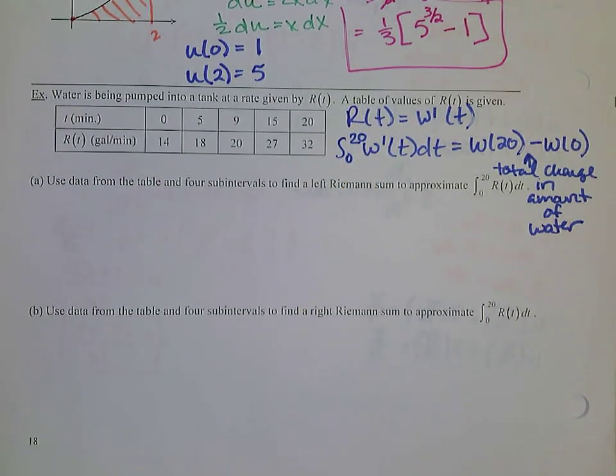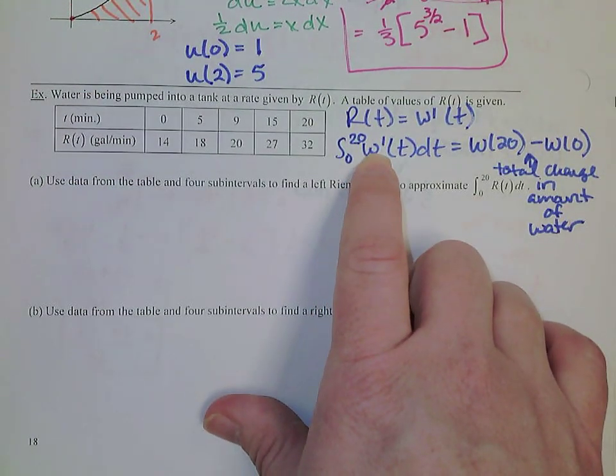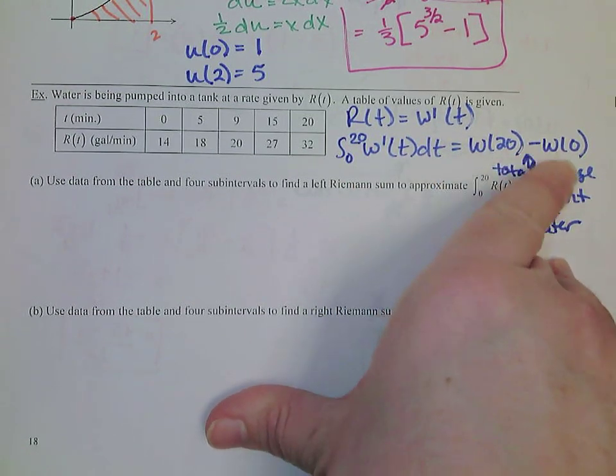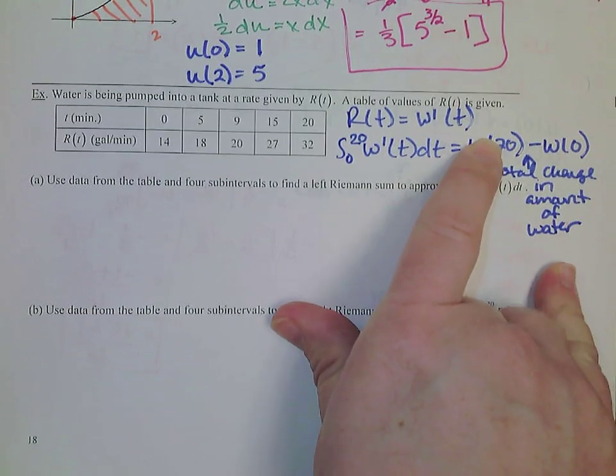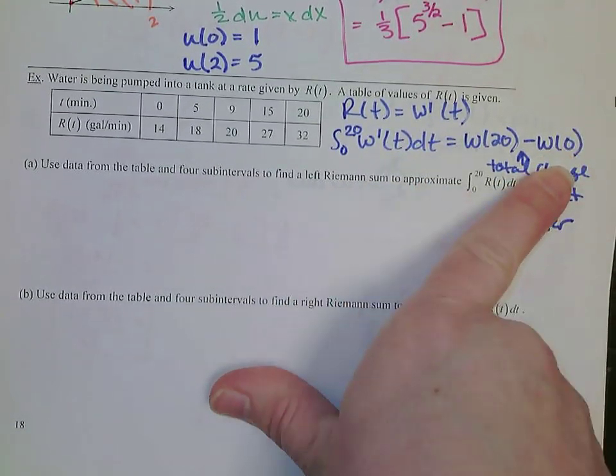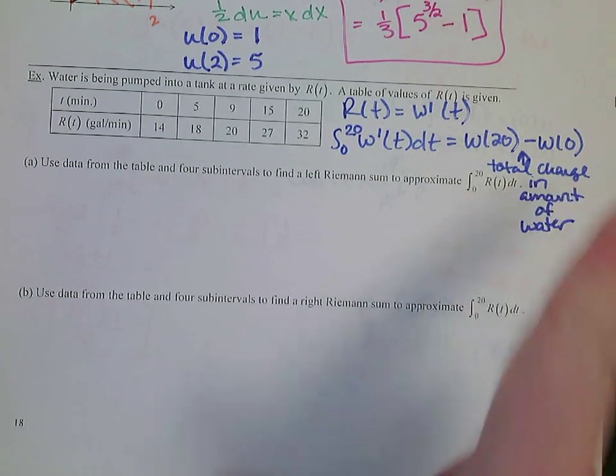And the fundamental theorem says that if we integrate the derivative, we end up with the function evaluated at 20 minus 0. So W of 20 would be the amount of water in the tank at time 20. W of 0 would be the amount of water in the tank at time 0. And when we take the difference, we're finding the amount of change during that time interval.